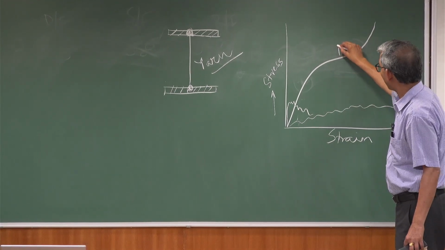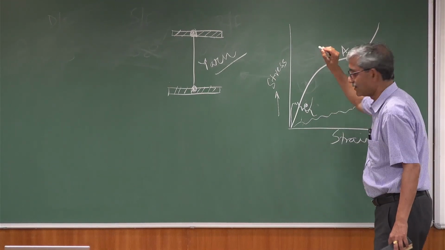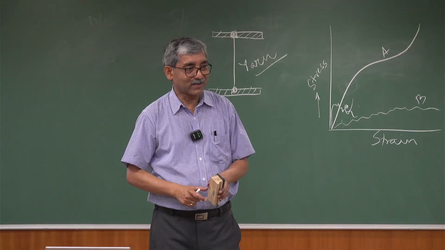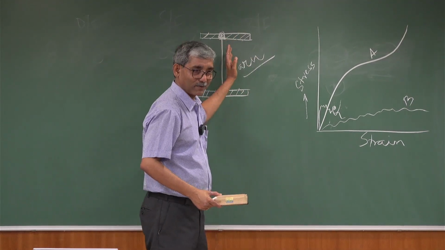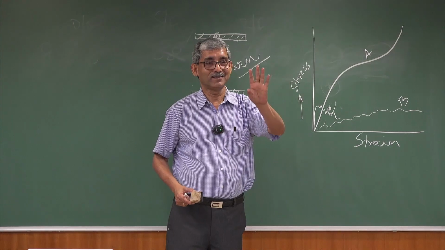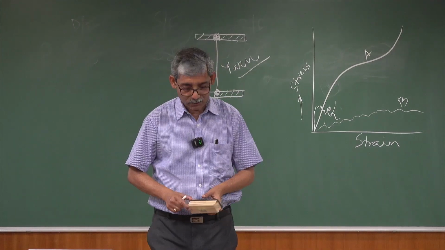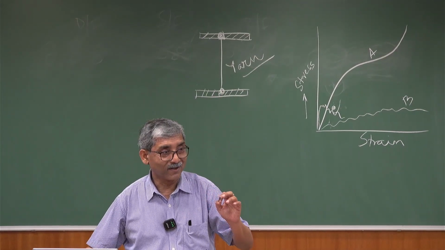So this is the normal curve, this is jaw slippage, and this is damage. Same fiber or yarn, only due to the operator's problem, we are getting different results. So what has to be done here?